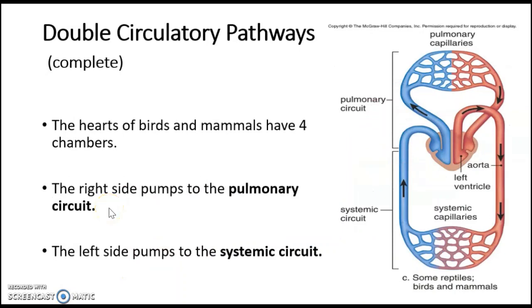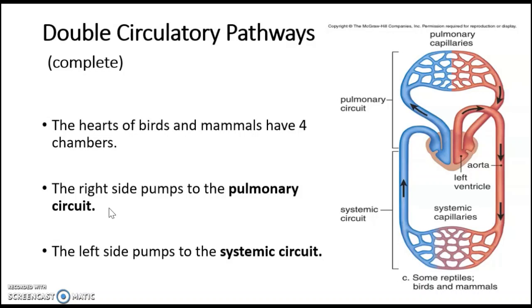What is a complete double circulatory system or circulatory pathway? In a double circulatory pathway, the blood comes into the right atrium from the body, moves into the right ventricle, and is pushed into the pulmonary arteries to the lung.